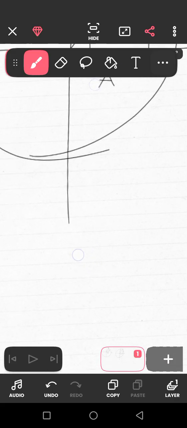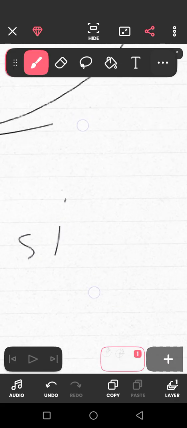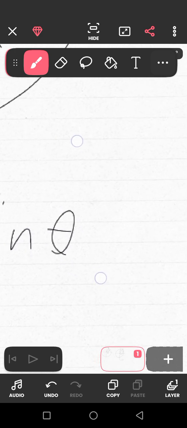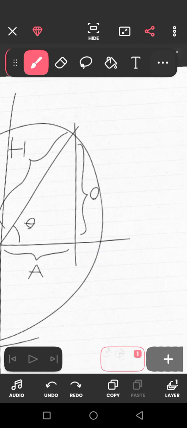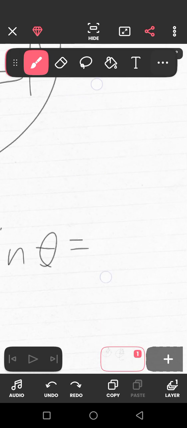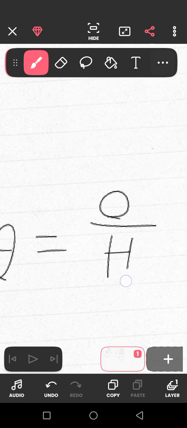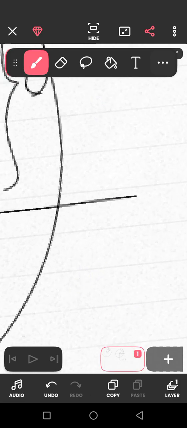So to approximate sine theta, measure this length opposite and then divide by hypotenuse. Hypotenuse is the radius of the circle.